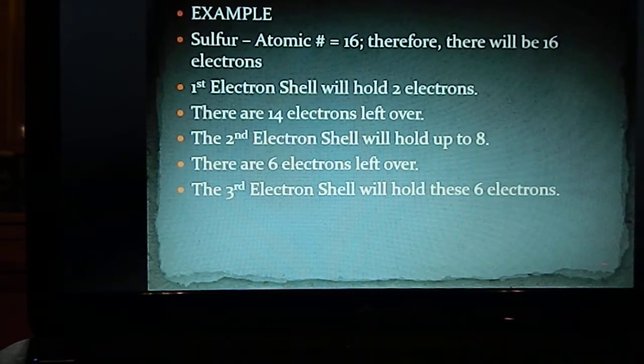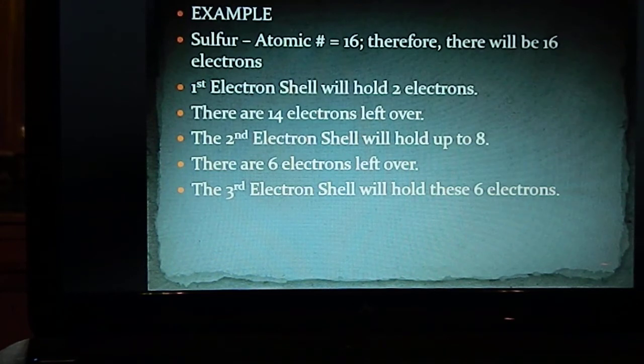So for your exam, I'm going to give you an element with an atomic number, and I will ask you how many outer shell electrons there will be, right? This will be something probably less than 10, all right, the atomic number. So you'll need to know how many outer shell electrons that atom possesses.